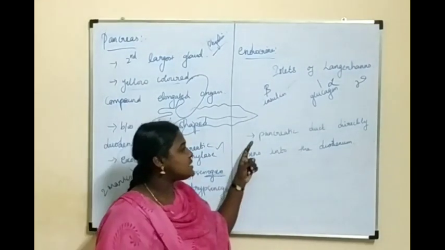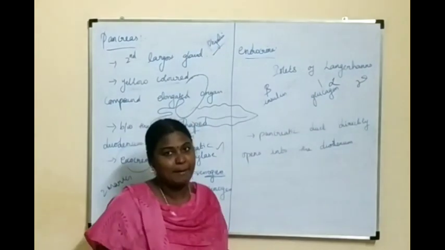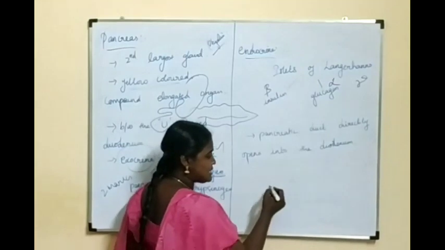Next, the pancreatic duct opens directly into the duodenum, as we saw last time.